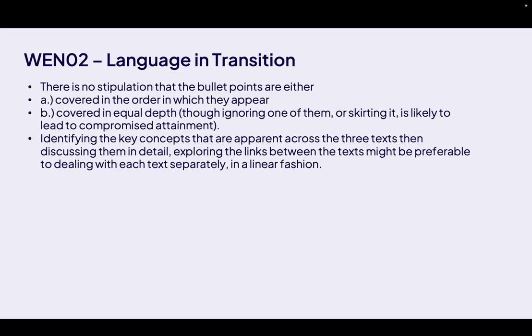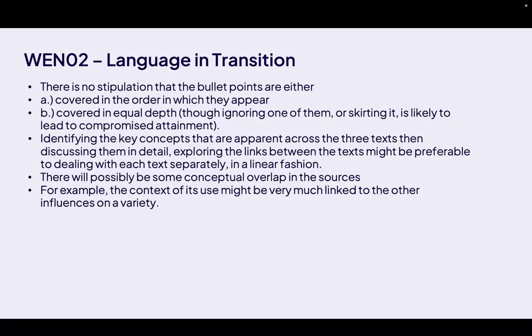If they deal with each text separately, it tends to take a lot longer and they run the risk of overlapping. Whereas if they pick a key concept for each one, it tends to be more successful. There possibly would be conceptual overlaps in the sources. So, for example, the context of its use might be very much linked to other influences on the variety.